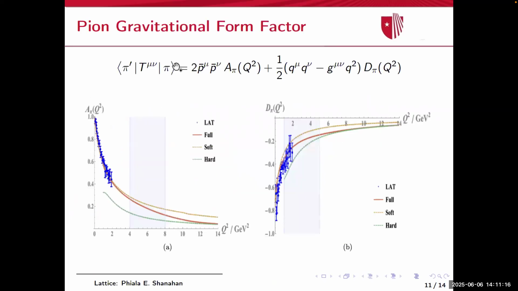Okay. Now the next question is, we have a low energy effective theory, but we already have chiral perturbation theory and some other quark models. So what makes it different? It's because in low energy we know the gluon is there, but those models don't explicitly show you the gluon degrees of freedom.